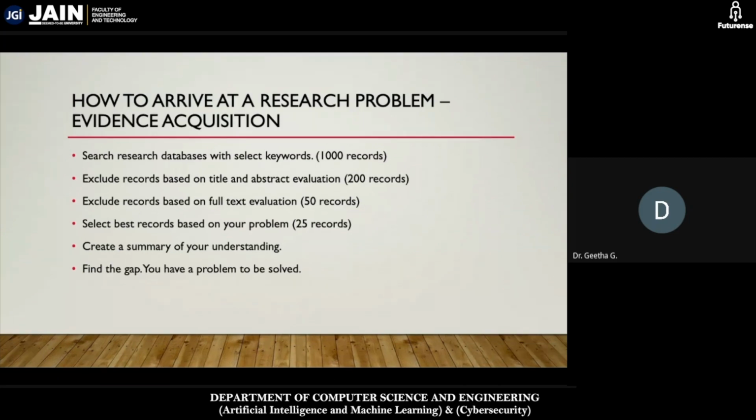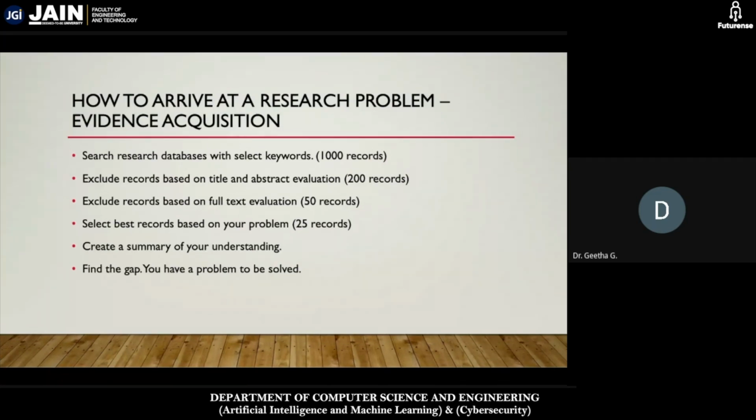What are the databases that you should look at? The simplest of all is Google Scholar. You just type in Google Scholar, and then you put some keywords on the topic on which you want to do research.